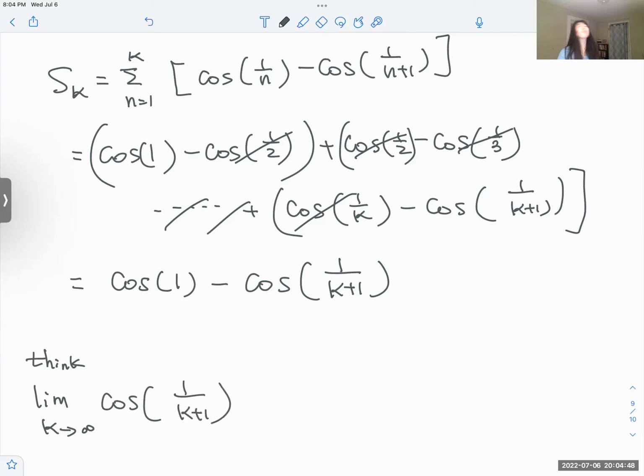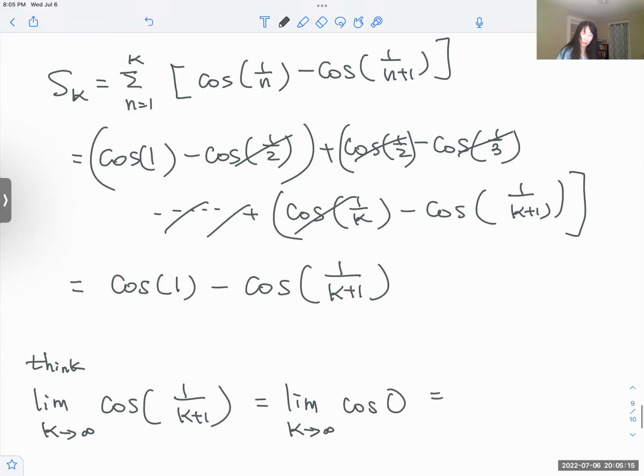What do you get for this one? What about inside? It's going to 0, right? So it's 1. Good.